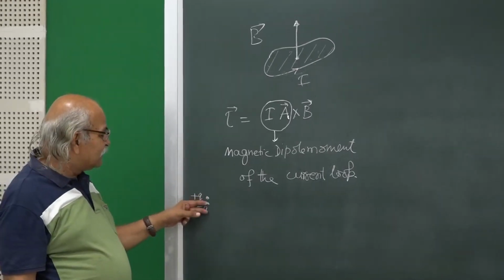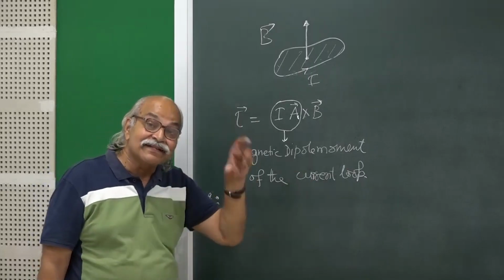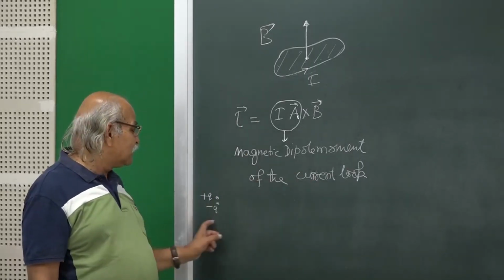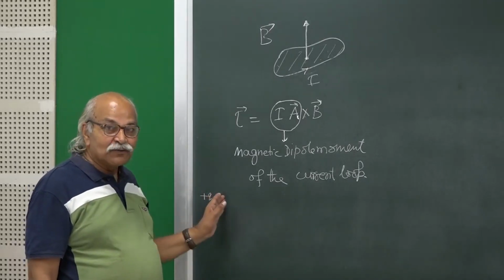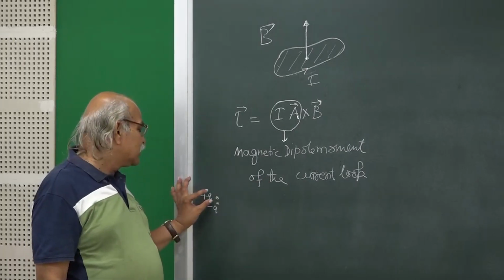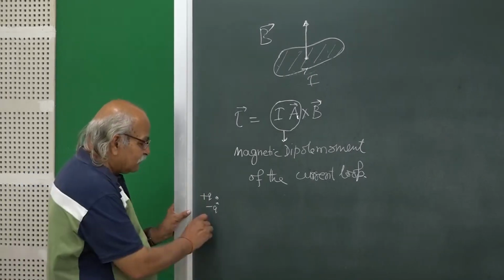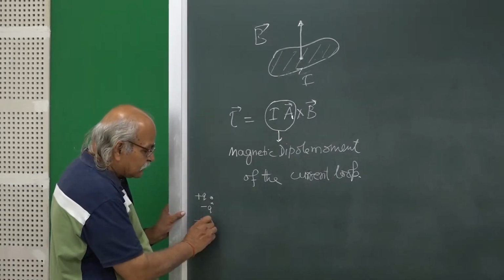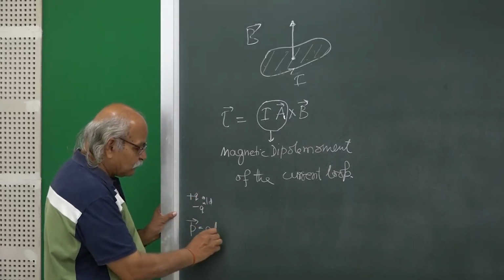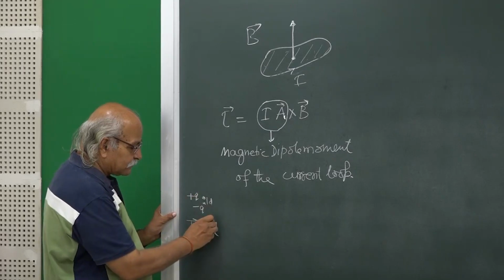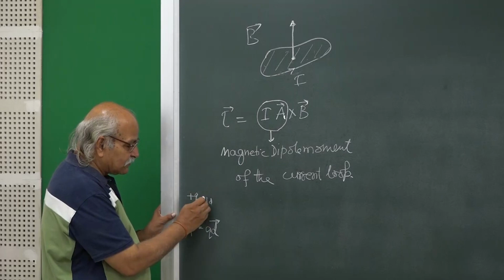The separation between these two is small as compared to the distances of interest. If I am interested in the field here, or here, or here, compared to those distances, this should be small. This we call electric dipole, and then we define the electric dipole moment, which is q times this separation d for this particular configuration, and the direction is from negative charge to positive charge this way.